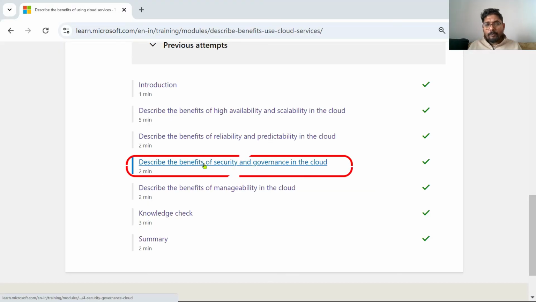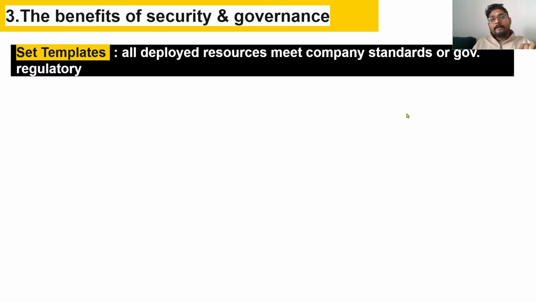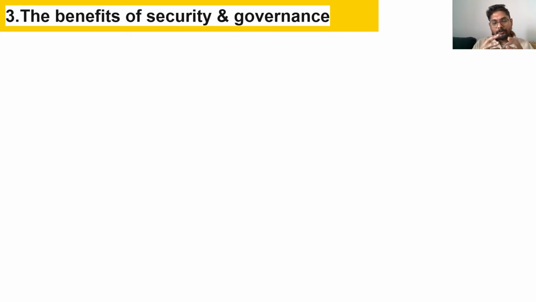Next, let's focus on our next topic. Describe the benefits of security and governance in the cloud. Let's understand these two terms, security and governance, with examples. Now, security. For example, I would like to install my own operating system.